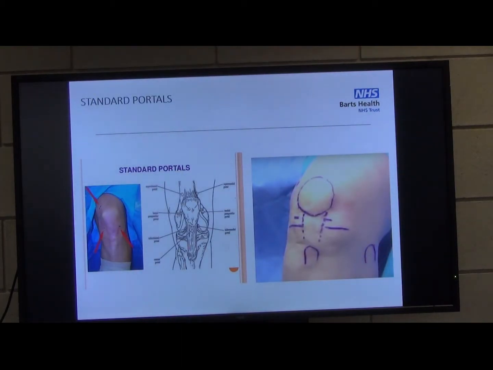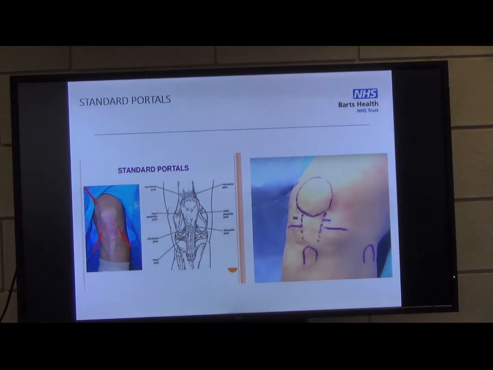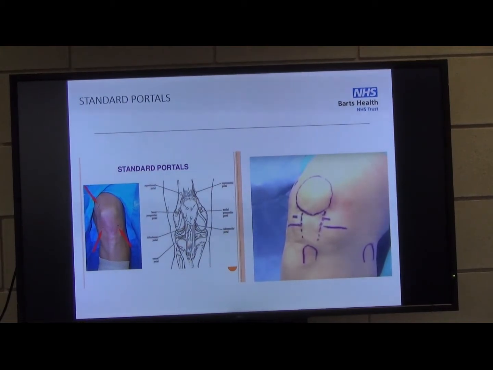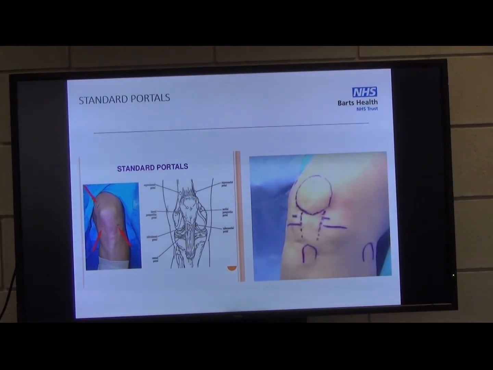So you've done the EUA, then you proceed to the arthroscopic procedure. These are the two standard portals that we tend to use most of the time, anterolateral and anteromedial. In terms of orientation of the incisions, some people go horizontal, some people go vertical, some people go oblique, so whatever you're comfortable with.